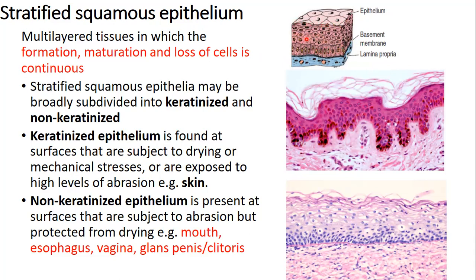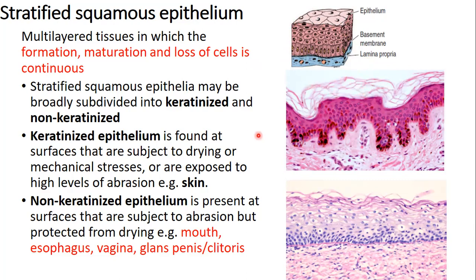The cells in the middle, they seem to be cuboidal, but the cells on the surface are flat. So this is what you should focus on to name this epithelium. So this is stratified squamous epithelium because the flat cells are the ones in the superficial layer, which we are seeing here. That's a nucleus. But here in the bottom, the cells are columnar. Cells here are cuboidal, but there they are flat.